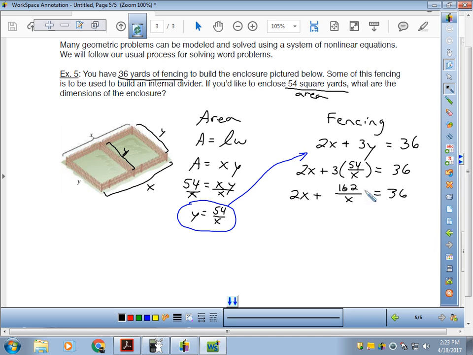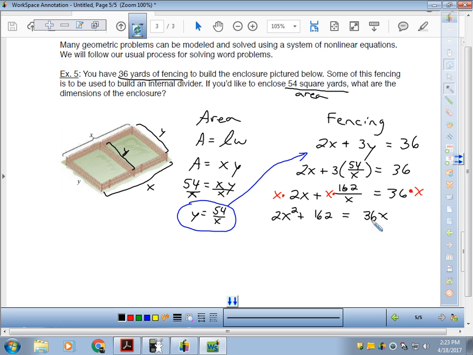Now, this equation has a fraction in it. I don't usually like fractions, so I'm going to multiply everything by x to get rid of the fraction. So I'm going to multiply this by x, multiply this by x, and I'll multiply this by x. So x times 2x gives me 2x squared, plus, here the x's cancel, so I just get 162, equals, over here, 36 times x is 36x.